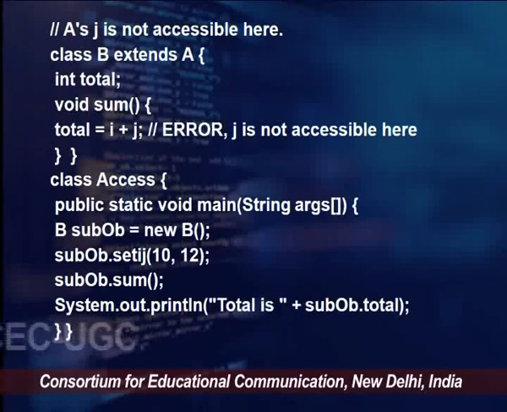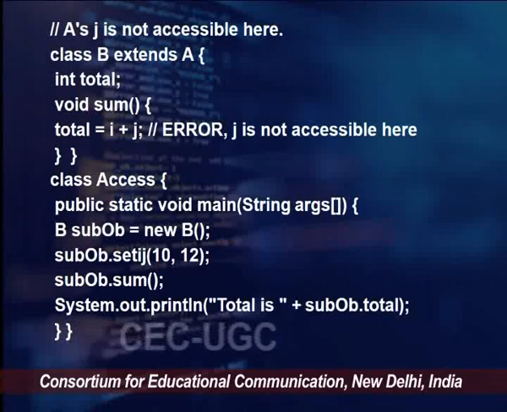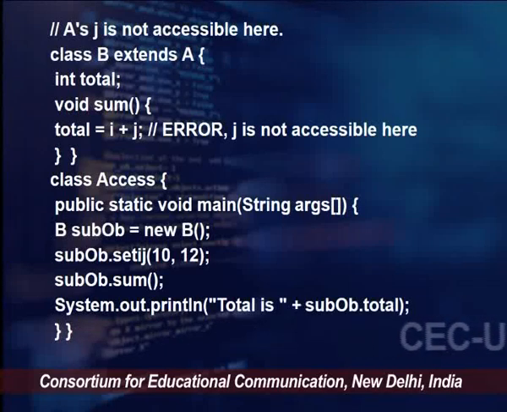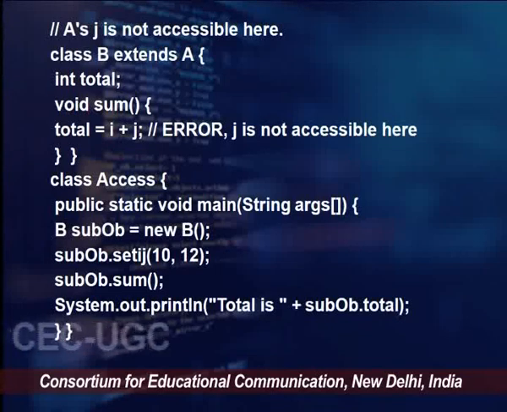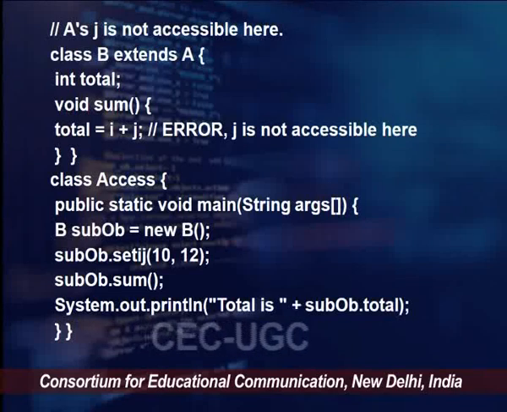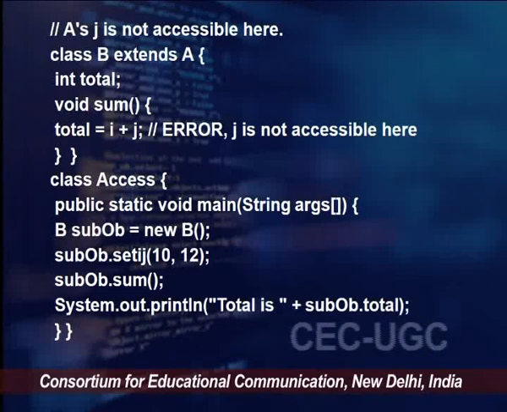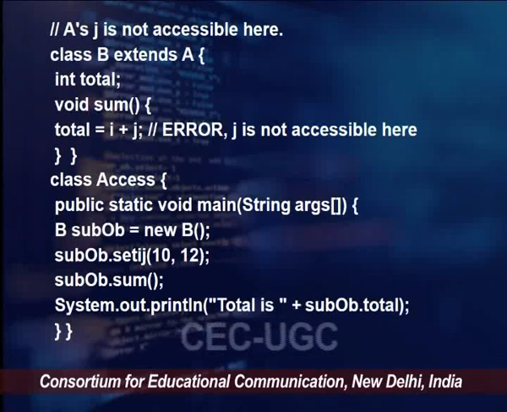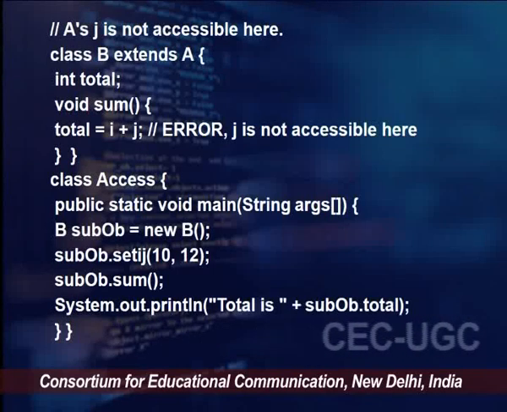Here this is fine, but whenever we use sum with the object of the subclass, this is going to give an error, because j is not available with the sub object, because j is a private variable and it is private to class A.